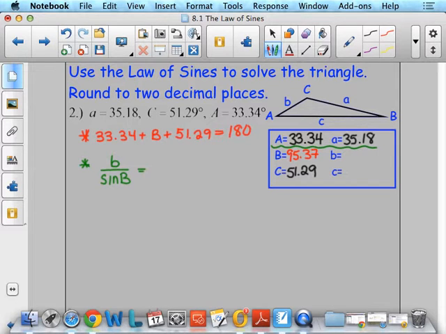So I'm going to set that equal to a over sine of A. So fill in the pieces you know. Cross multiply and divide, you should get 63.72.